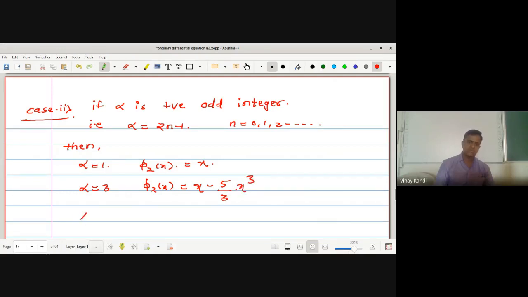Okay. Now similarly for alpha is equal to, sorry, 5. What is phi 2 of x? We have x minus 14/3 x cube plus 21 upon 5 x raised to 5, and all other terms vanish.